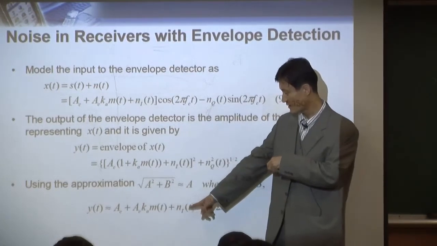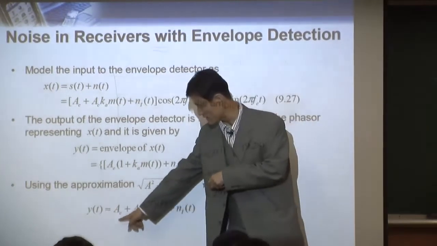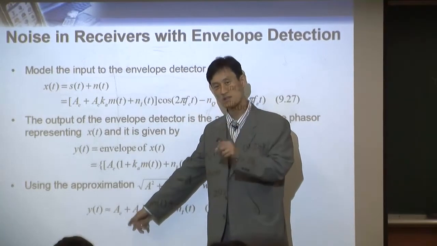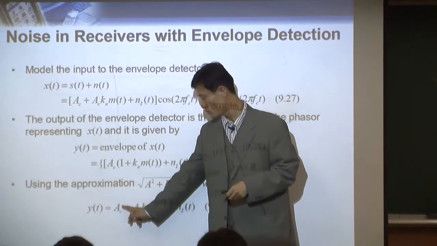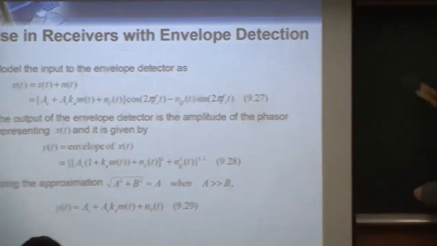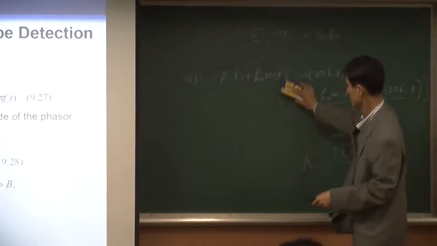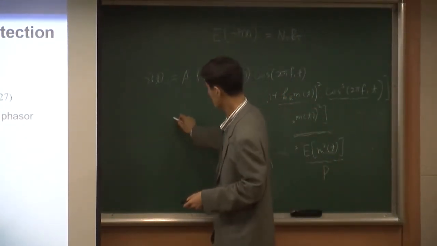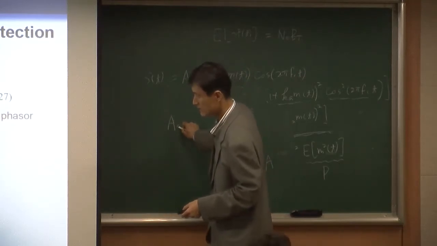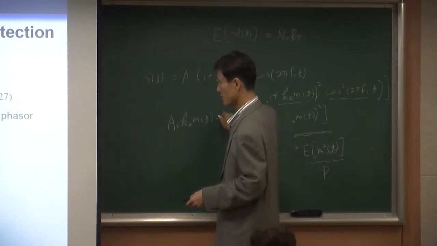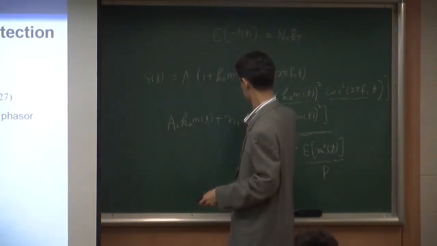What is the DC here? This is the DC, A_c. It is a constant value, and constant means DC, so we remove it. After you remove the DC, the output is going to be A_c k_a m(t) plus n_I(t).